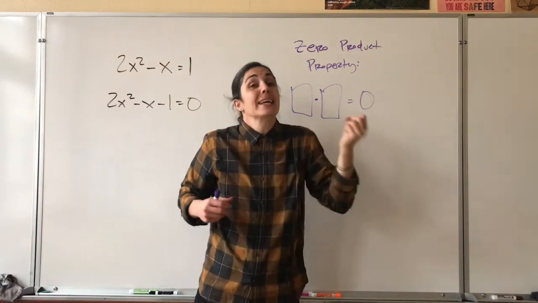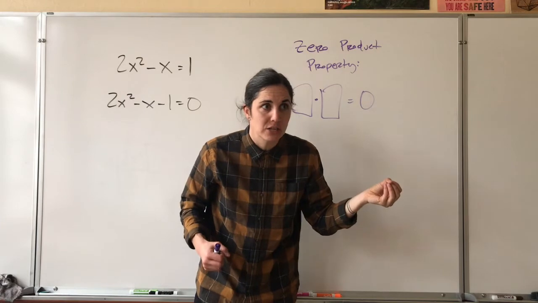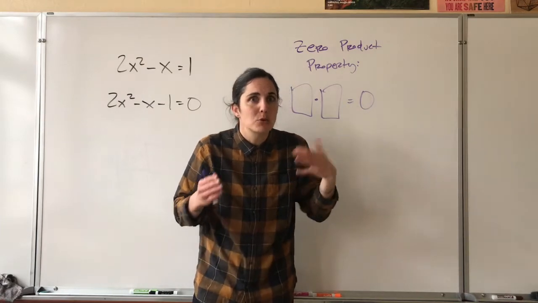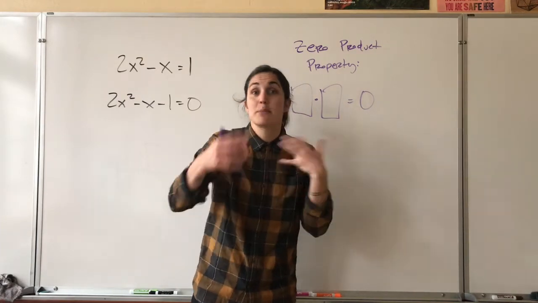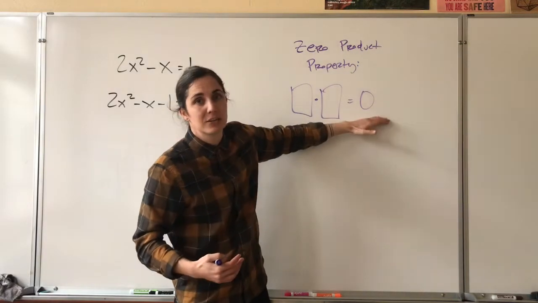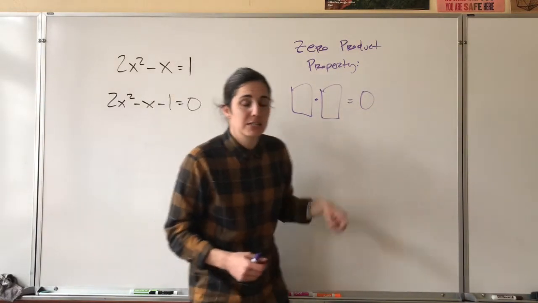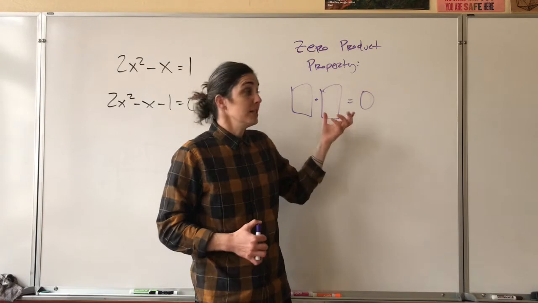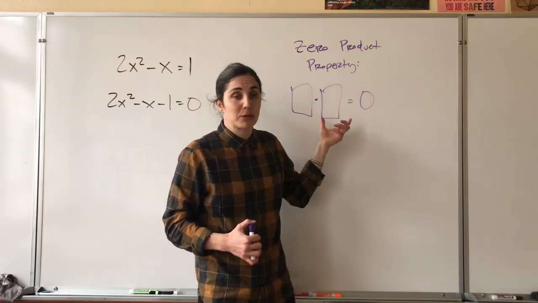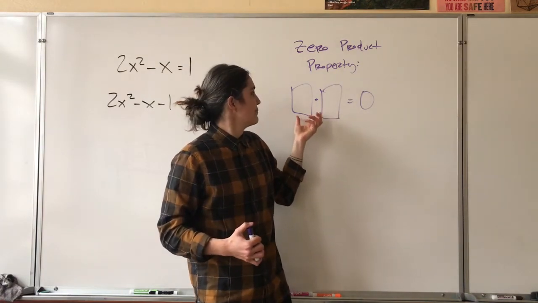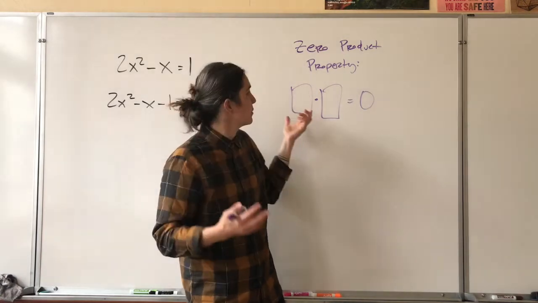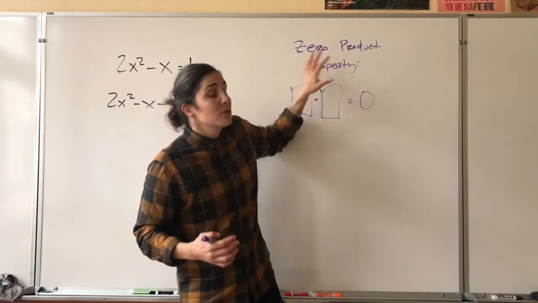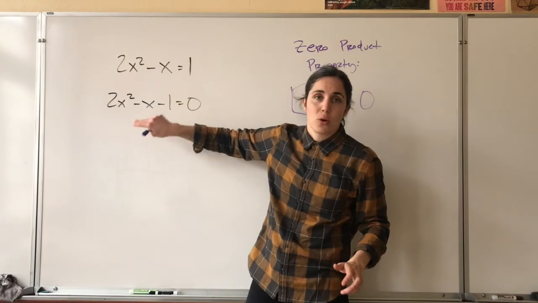The only way to get out 0 in multiplication is to multiply by 0. 0 times anything we know is 0. So one of these has to be 0. This is a really powerful property. It's the only one that really allows us to know what a number would be. And this is what we want to use when solving quadratics.